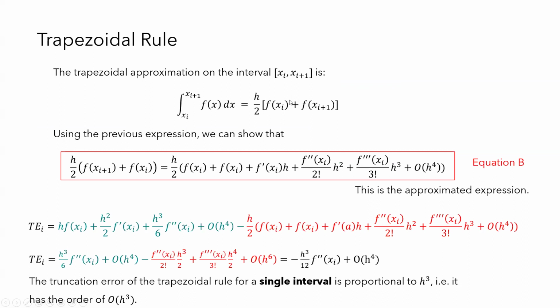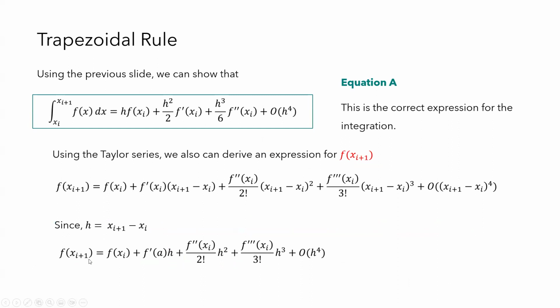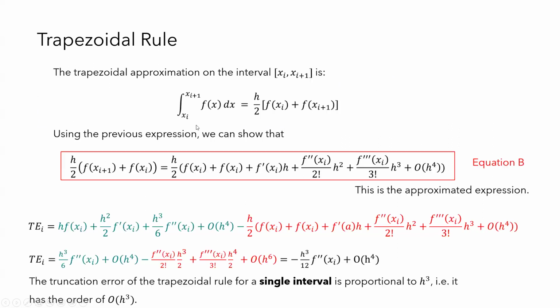Since the trapezoidal rule for the interval of xi and xi plus 1 is given by this expression over here, I rewrite this expression in this form.